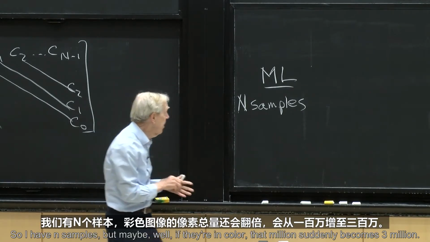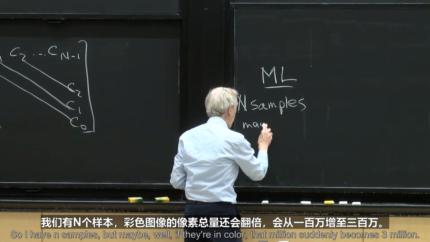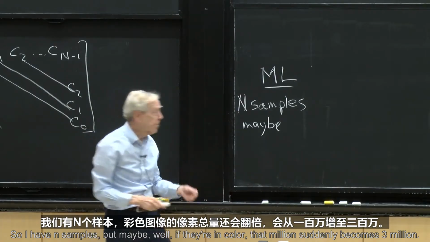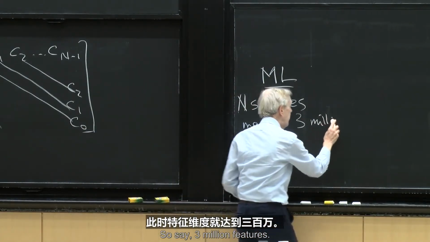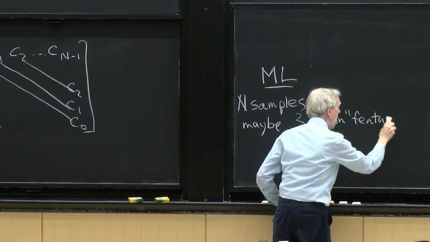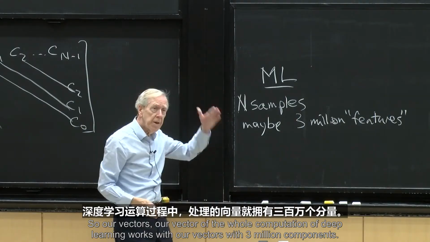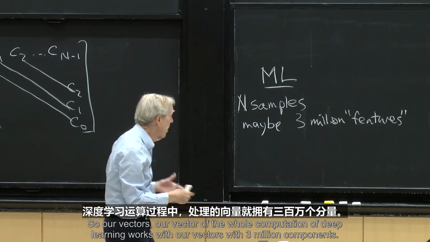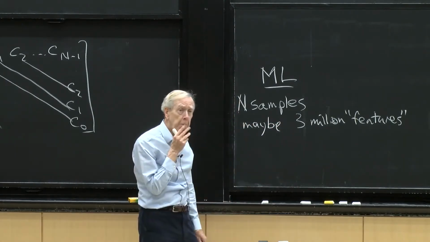So I have n samples, but if they're in color, that million suddenly becomes 3 million. So say 3 million features. So the vectors that the whole computation of deep learning works with are vectors with 3 million components.